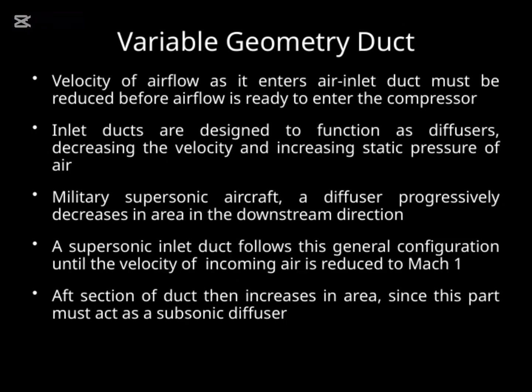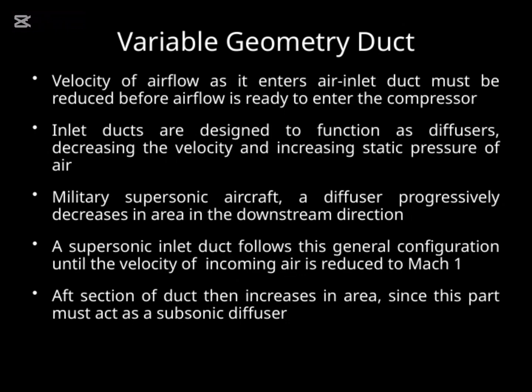The supersonic inlet duct then features an aft section that actually increases in area. This part functions as a subsonic diffuser, further reducing the airflow velocity to subsonic speeds. This variable geometry approach is essential for maintaining optimal airflow conditions across different flight regimes.